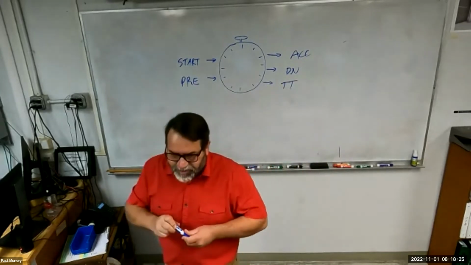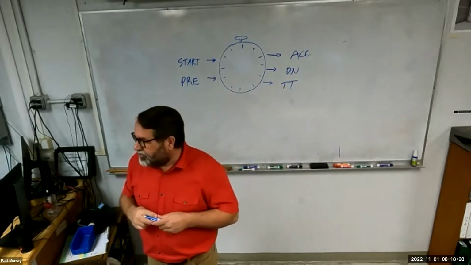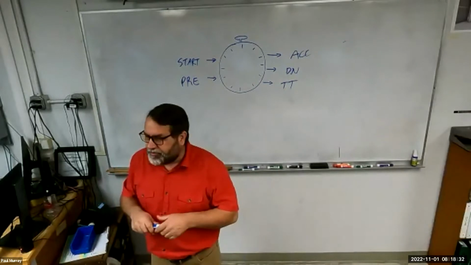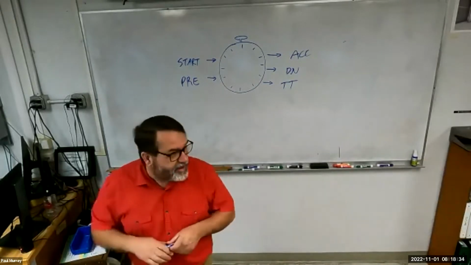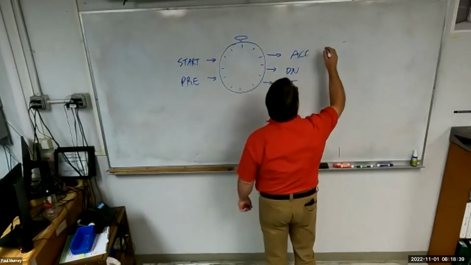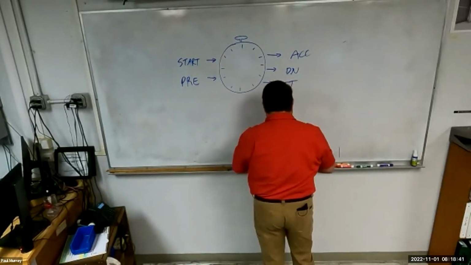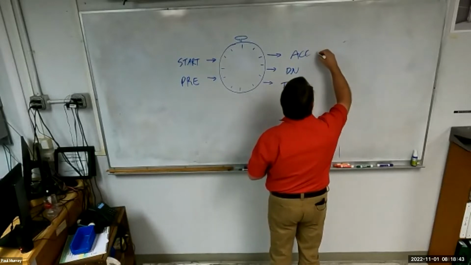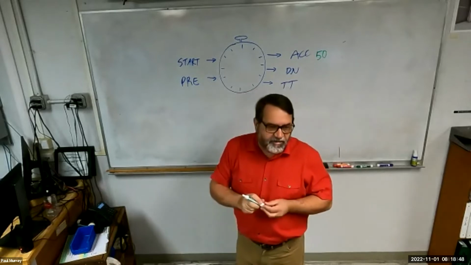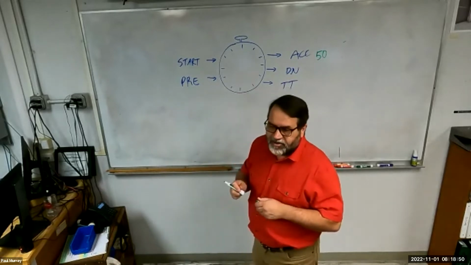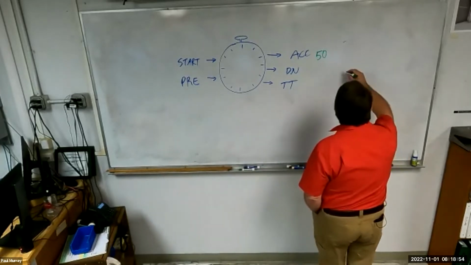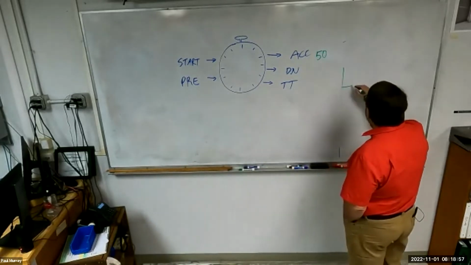Okay, so those are pretty basic things, but we can do a lot with this information that the timer's giving us. So, for example, if the accumulated time is 50 seconds, we could put in a statement that uses a less than command. Let me draw it over here.